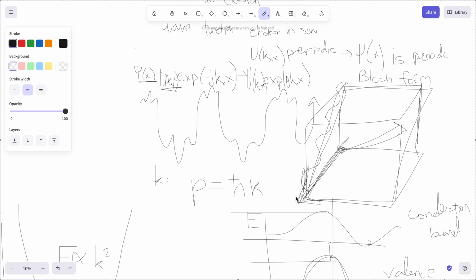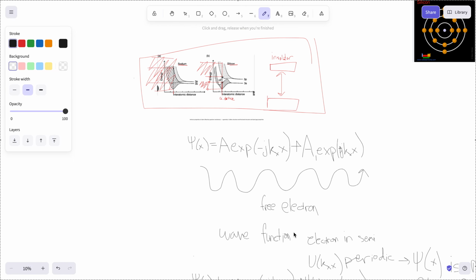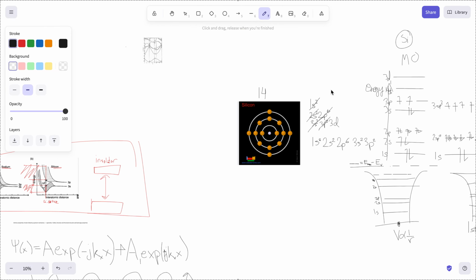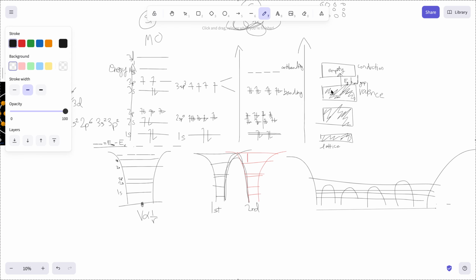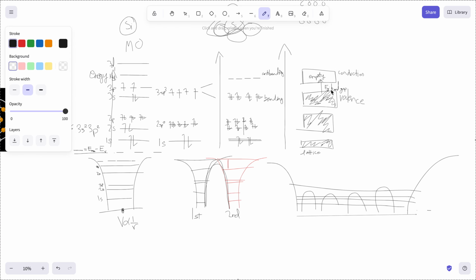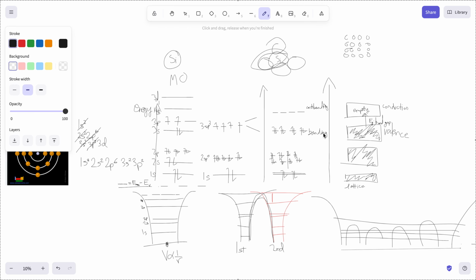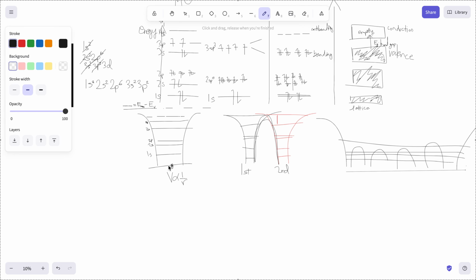And you can see how we built this up, and how this simple phenomenon and model of energy orbitals is described in so many different ways when we look at solid state physics. We can use molecular orbitals to describe the different bands and the band gaps. We can use this potential well concept.